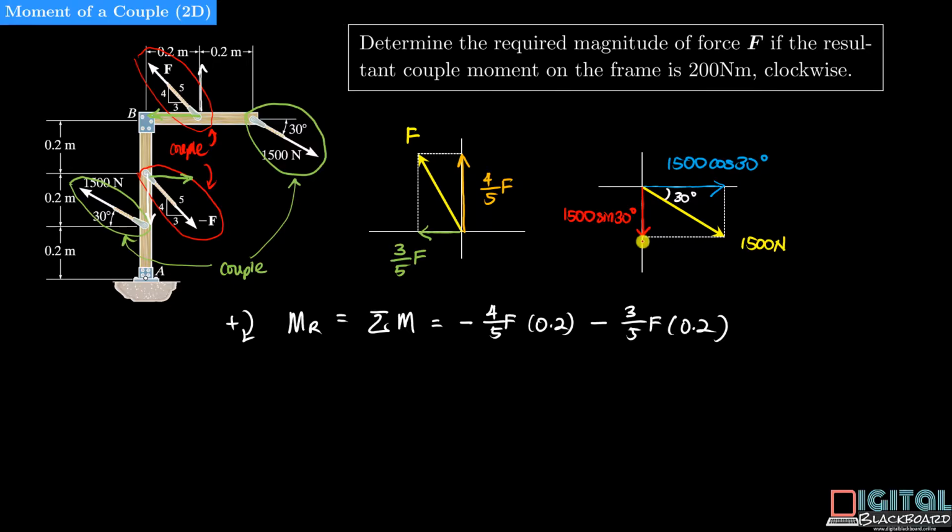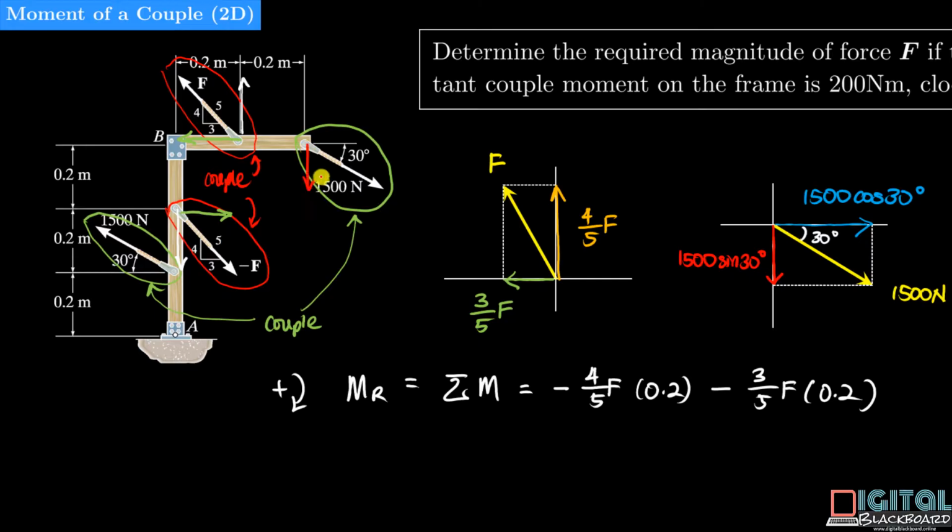Next, we look at this red color vertical component of the force of 1,500 newtons. The location of this vertical component is actually here. And this will form a couple together with this vertical component here due to the other 1,500 Newton force.